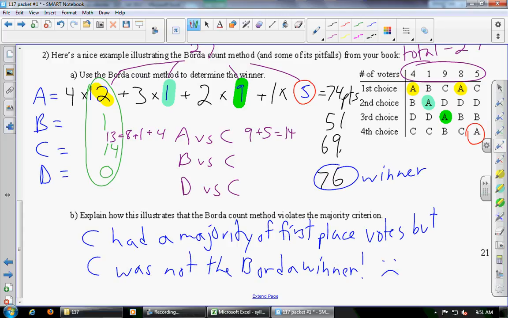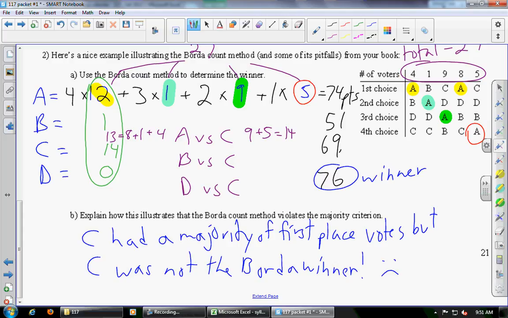Lucas, what were you saying? C has a majority of first place votes, right? C has 14 first place votes. So automatically, C is going to beat everybody head-to-head. Doesn't matter where C is. C could be dead last in everybody else's, and in fact, they were. This was really polarized. Everybody either thought C was the best or the absolute worst. But it doesn't matter.